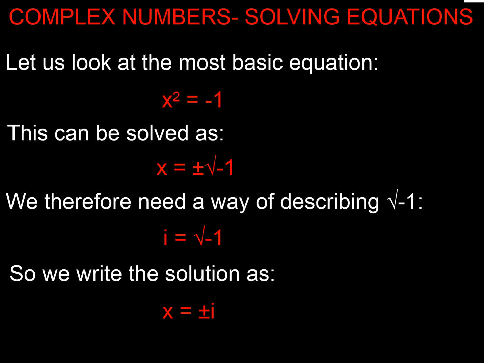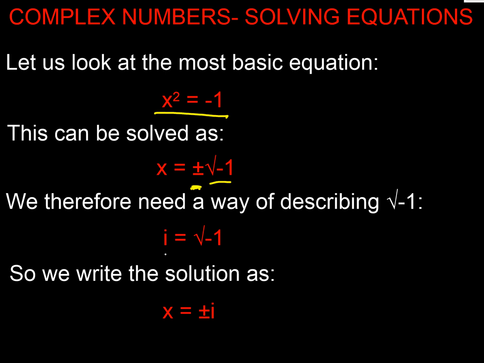Okay, so let's look at this really basic equation. If we just followed our normal route of solving this, we would root both sides of the equation, recognise that we get plus or minus here, and so we'd have this square root of minus 1. What we do is suspend belief in this area of having these called imaginary numbers.